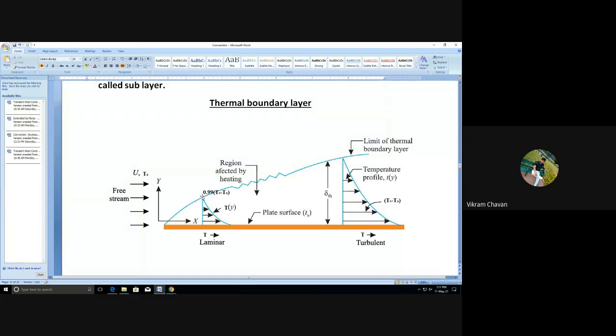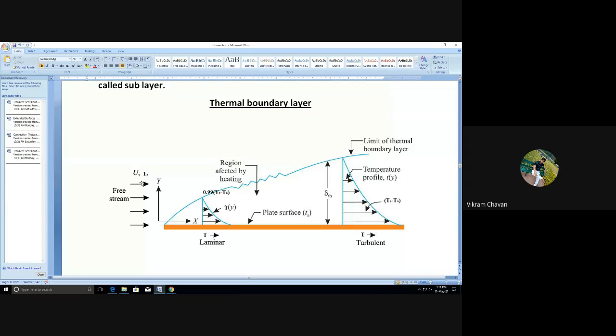What is meant by thickness of thermal boundary layer? The vertical distance at which we are getting the temperature difference equal to 99% of the initial temperature difference. Initial temperature difference means what?